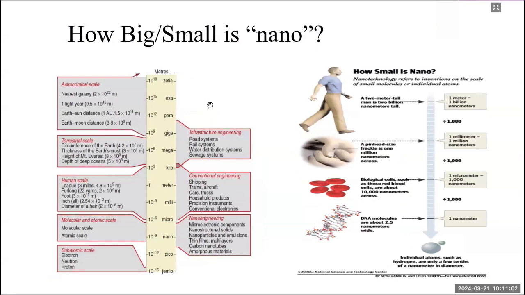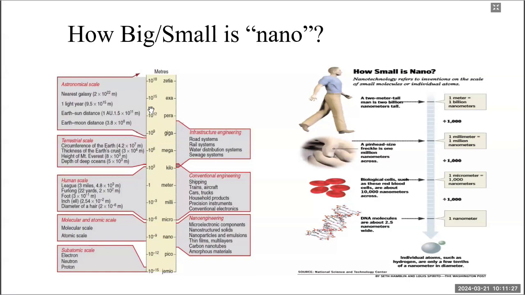So this is the nano. How big is nano? I was talking about it. First of all, you can think of the astronomical scale. Then we come to the terrestrial scale. That means the circumference of the Earth is very big, but it's smaller than the astronomical scale, right?